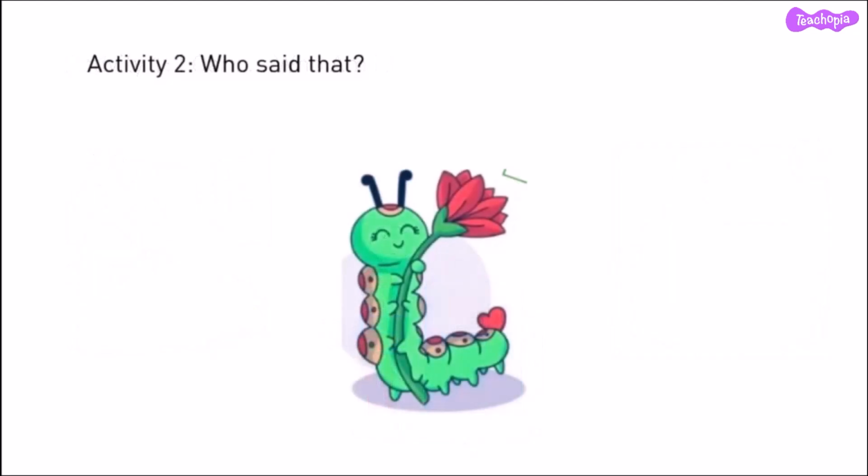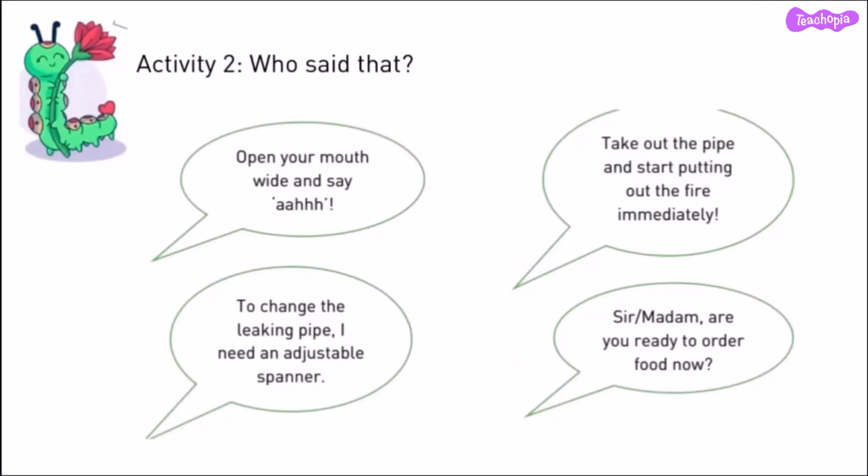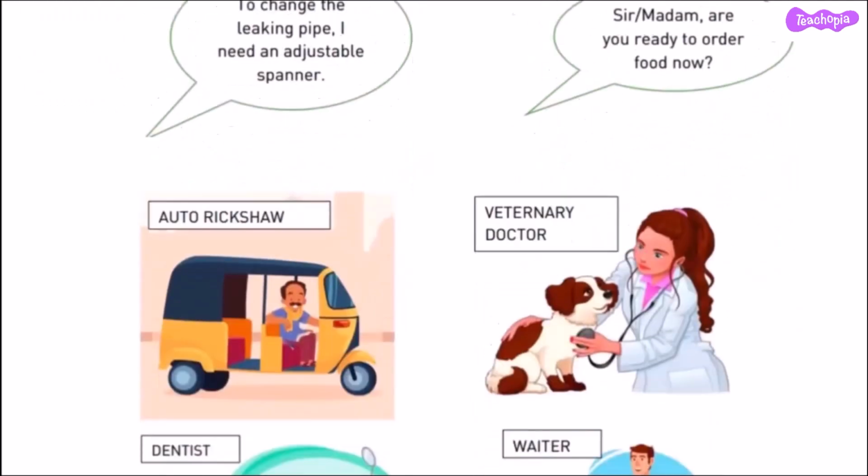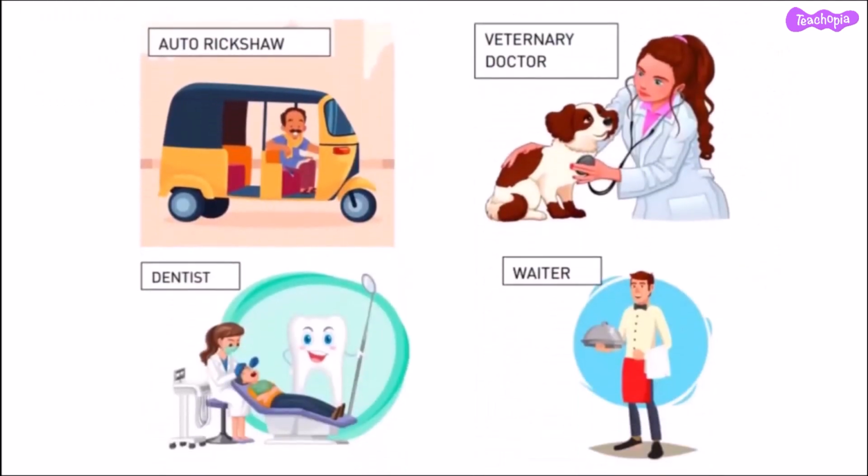Now we move to activity 2. Here, the activity gives statements that are sentences again, said by different people in different situations. The learners must look at the sentences and images provided around the sentences, then see if they can identify which person in the image would have said which sentence based on the profession.